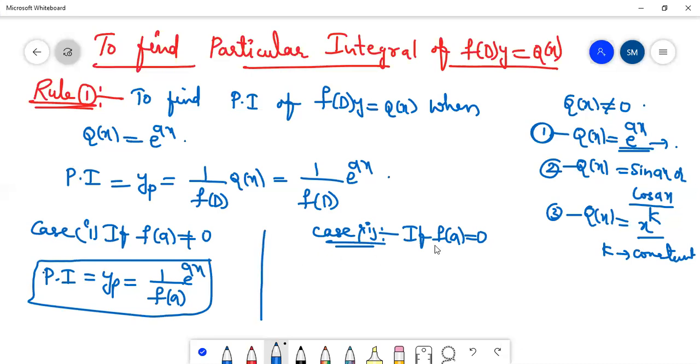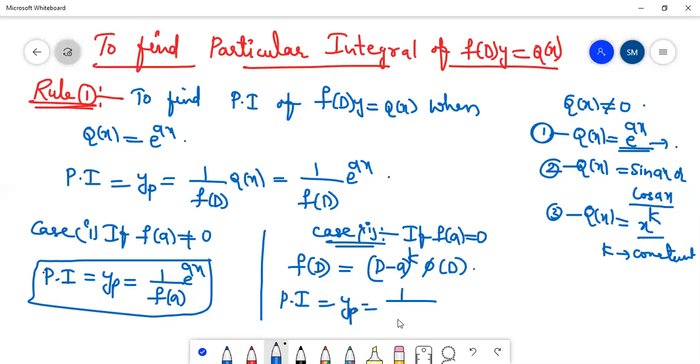In case 2, if f of a is equal to 0, then the function of the derivative operator can be expressed as D minus a whole power k into another function phi of D. Then only we can substitute D equal to a, and the function will become 0 if any one of the factors is there in the function of D. So in this case, we can write the particular integral yp equal to 1 by D minus a whole power k into phi of D into e power ax.